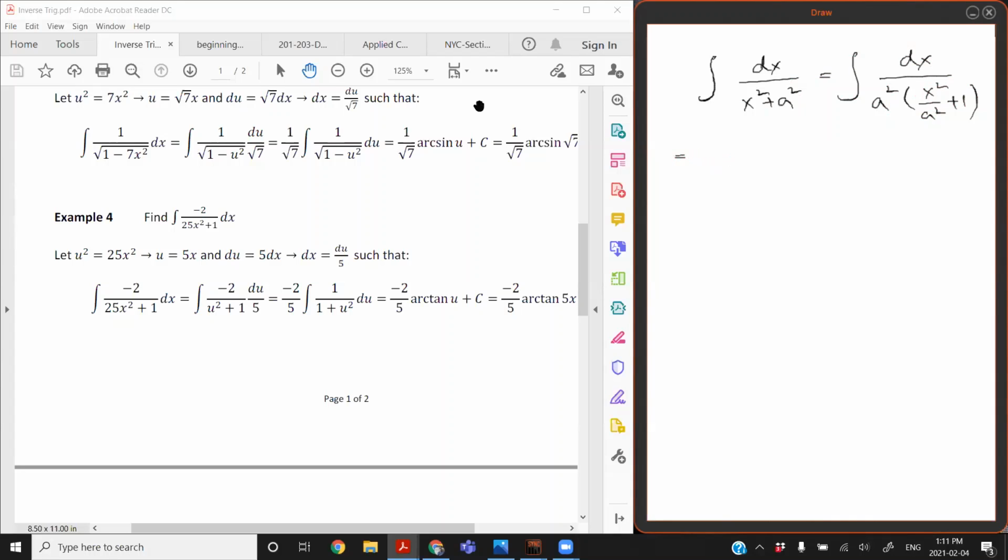Now, since a is a constant, I can write this as 1 over a squared integral of x over a squared plus 1 dx on top. At this point, it would help if I do a substitution. I take this to be u, because what I need is u squared plus 1. So I take that to be u, and then du is going to be 1 over a dx.